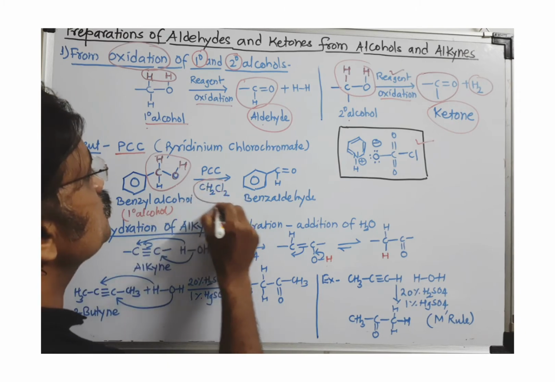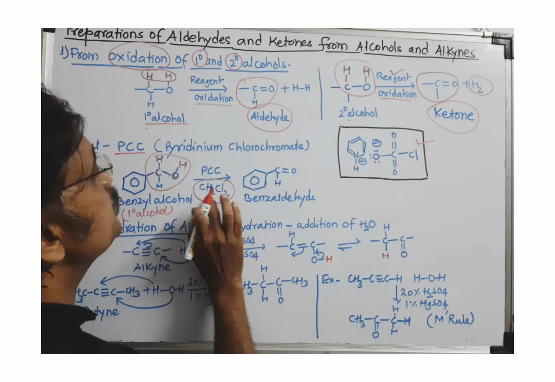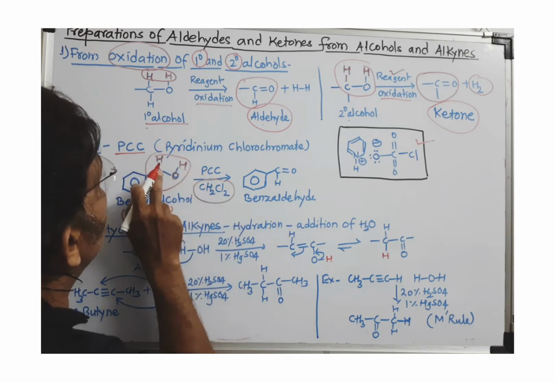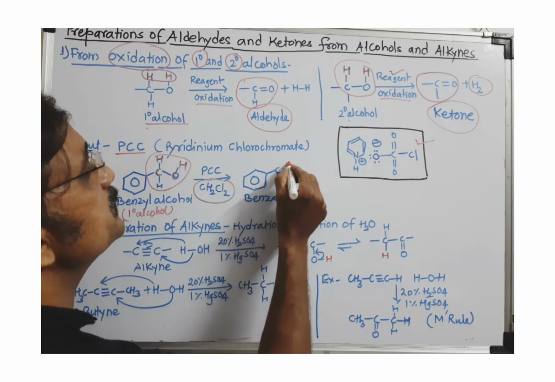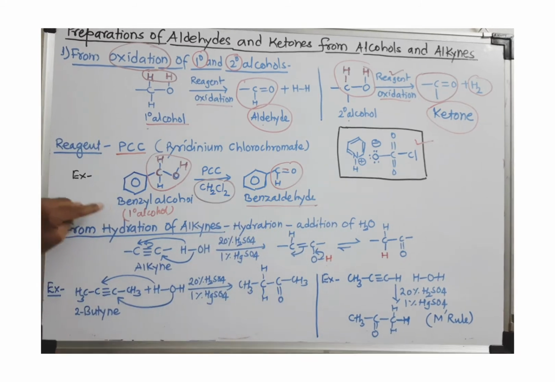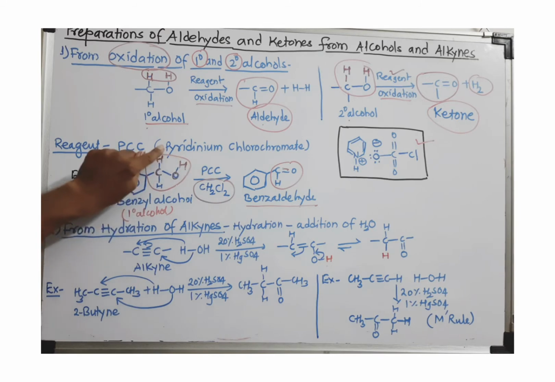Here CH2Cl2 is dichloromethane, which is used as a solvent. When you remove hydrogen from carbon and oxygen, put a double bond there, and you will get your carbonyl compound, that is aldehyde. So benzyl alcohol is converted to benzaldehyde by using pyridinium chlorochromate.